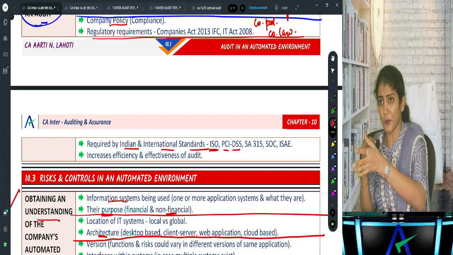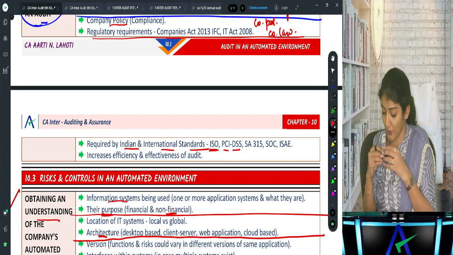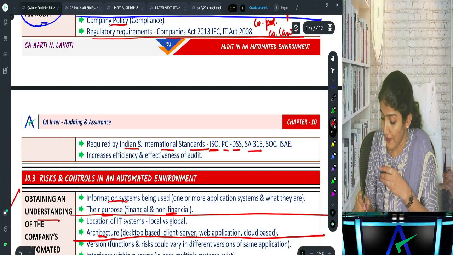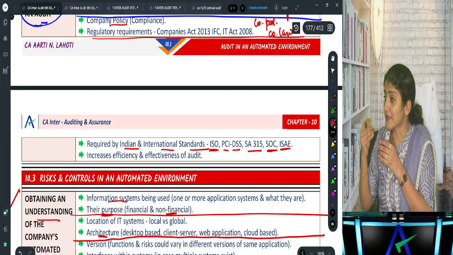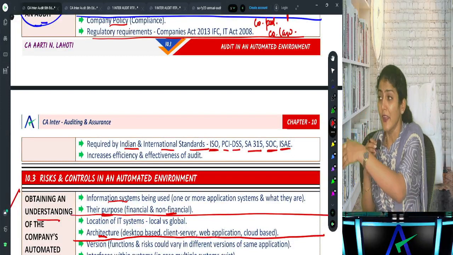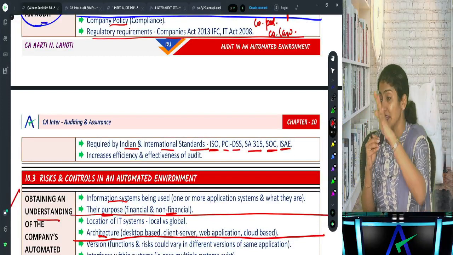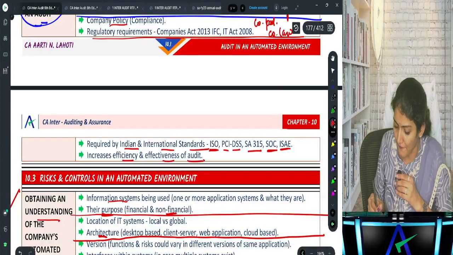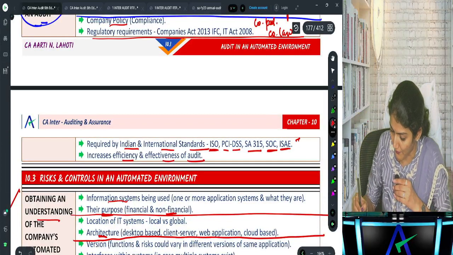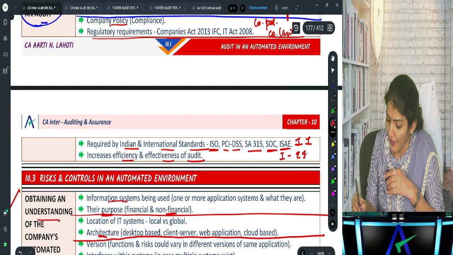I told you, when you put your debit or credit card information online, that is Payment Card Industry Data Security. Then you have SA 315, SOC, Service Organization Control, and ISAE, the International Standard on Assurance Engagements. No need to get into the detail, but that is regarding Indian and international standards, and it also increases the efficiency and effectiveness of the audit.